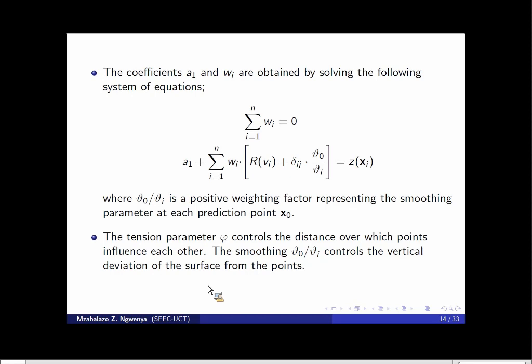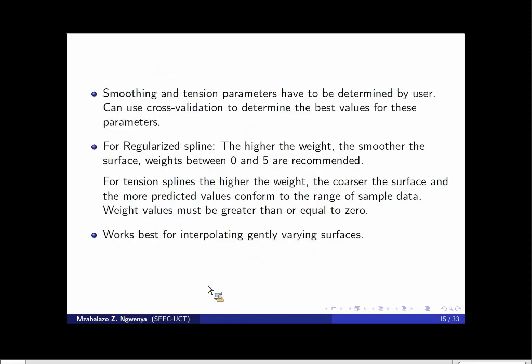This parameter controls how much you want to go above that and how much you want to go below those values. As I said, these parameters have to be determined by the user. What usually happens, you pick a few parameters, you cross-validate and see which of those parameters will give you the smallest root mean square prediction error. Quick recommendation is that if you're using the regularized spline, you should choose weights between 0 and 5 for a tension spline.